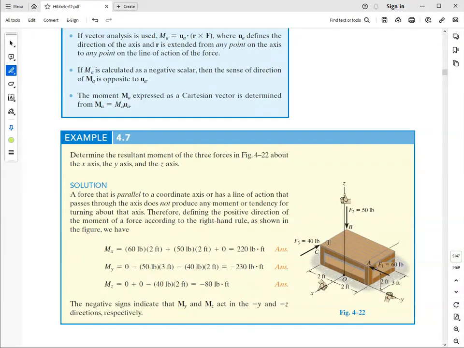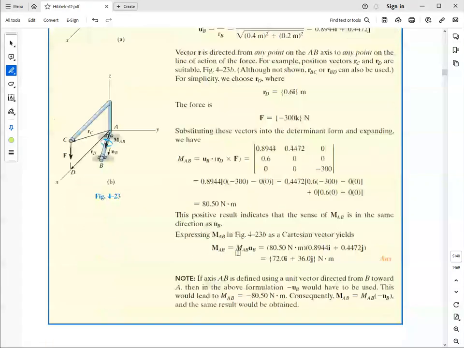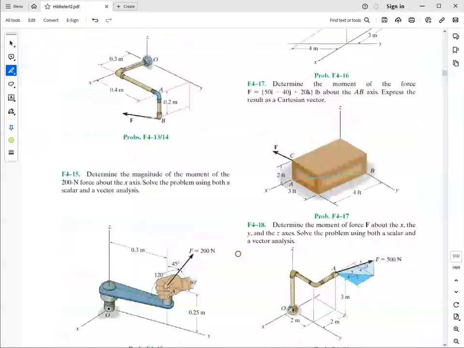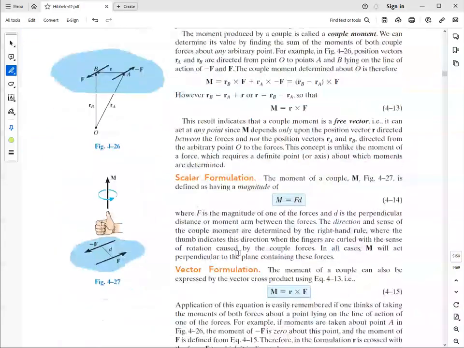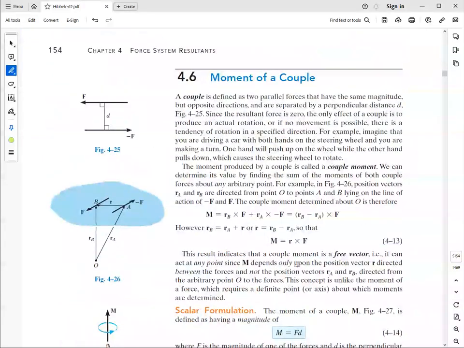That's going to be 40 times 2 feet, but again negative, times k, for the moment about the z-axis of this force F3. Okay, some sample problems, hopefully we'll be able to do enough of them.